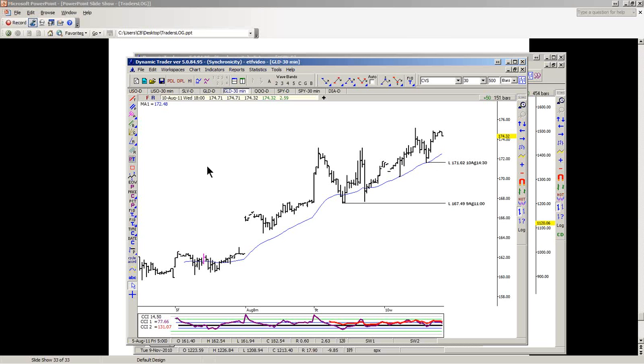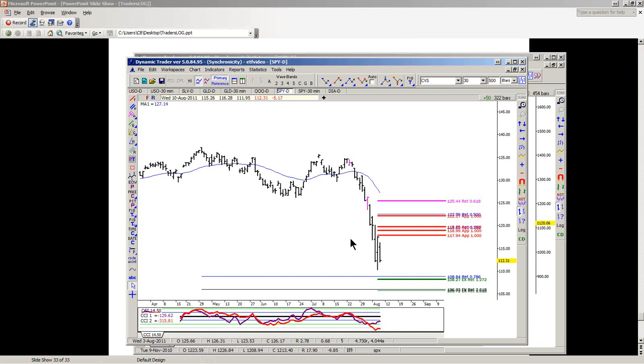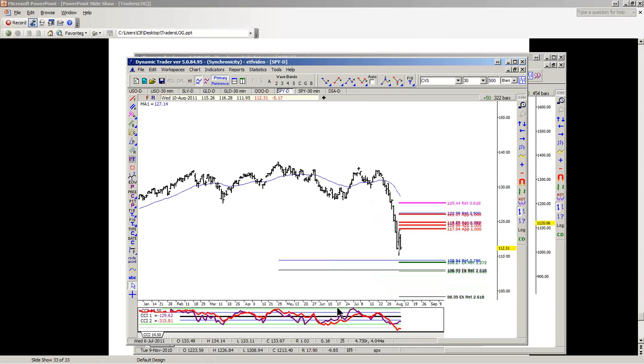As far as the indexes, even though we do have timing for a possible intermediate low, because of the shift in pattern, once we took out this prior swing low that was made at 129.63, and this is the Spider rather than the S&P, I'm setting up symmetry for possible shorts.